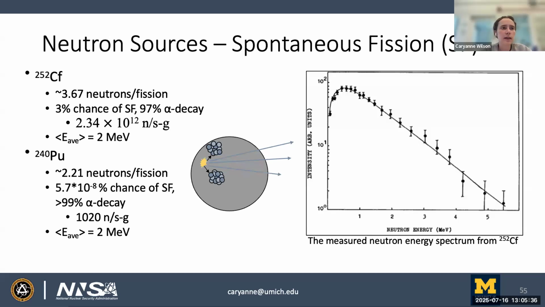This is 3.67 or 2.21 average neutrons. It doesn't always emit exactly that many. Obviously, you can't emit fractions of a neutron, but generally between 2 and 3 neutrons per fission, and those can be detected. The energy of those neutrons follows the Watt fission spectrum, with the average energy being 2 MeV and the most probable energy being 1 MeV.